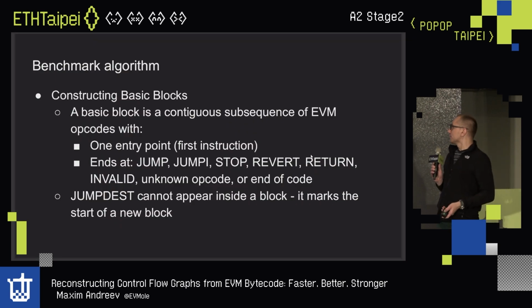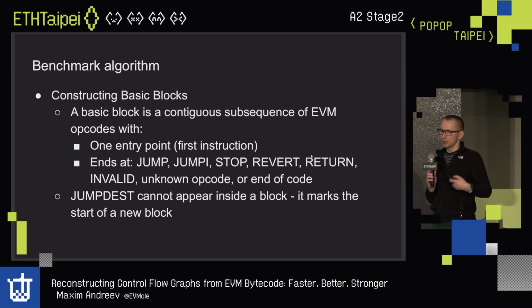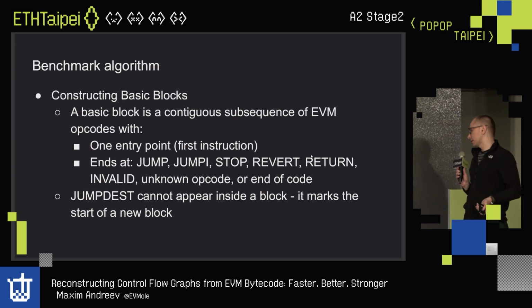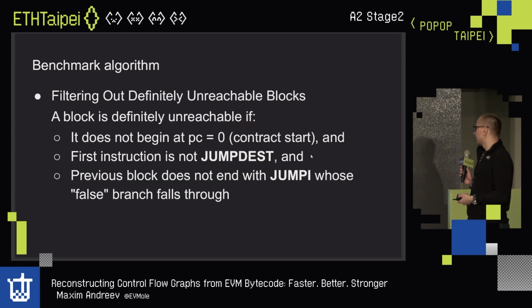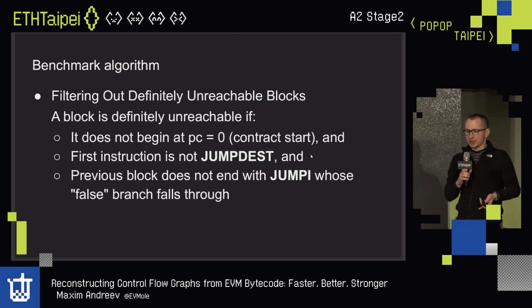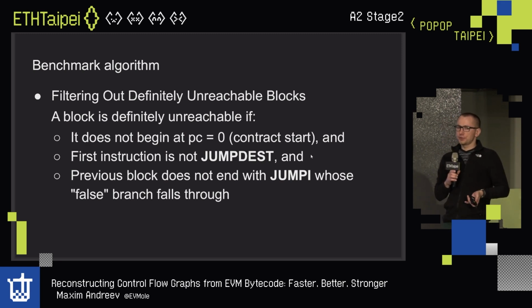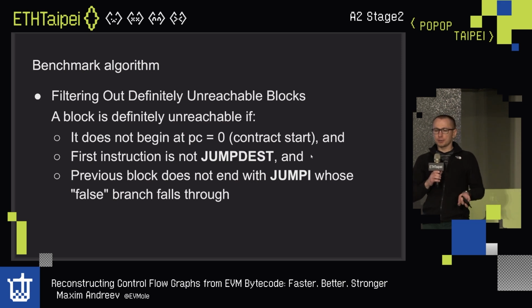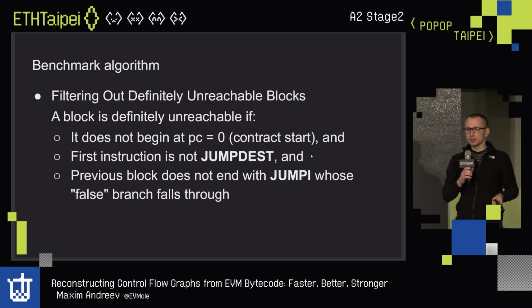So here is my proposed benchmark algorithm. First, we need to construct basic blocks by the definition from the previous slides. Nothing new here. After that, we can filter out definitely unreachable blocks, because some compilers can generate dead code. As you know, at the end of the bytecode there is some metadata inside the contract.